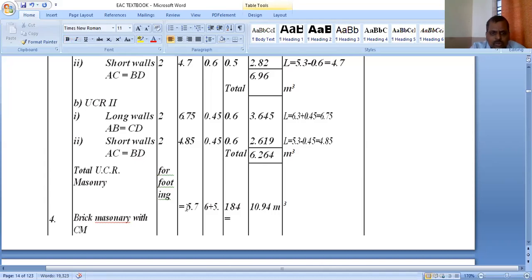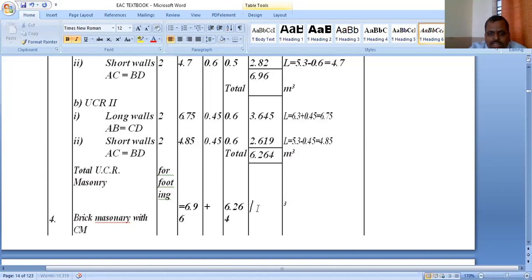Now here you have to just go on adding the total to get the final answer. So how much is it? It will be 6.96 plus, of step 2, it is 6.264.